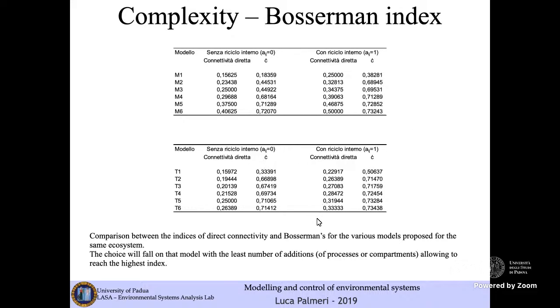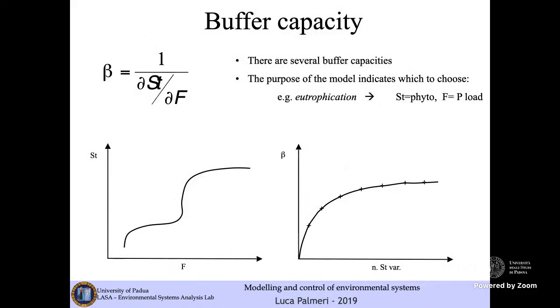If you look at the numbers, you may notice that the Boltzmann recycling index is a little bit more sensitive than the direct connectivity in distinguishing between different network configurations. So first question, how do I measure model complexity? The answer is by calculating the Boltzmann recycling index on the basis of the adjacency matrix.